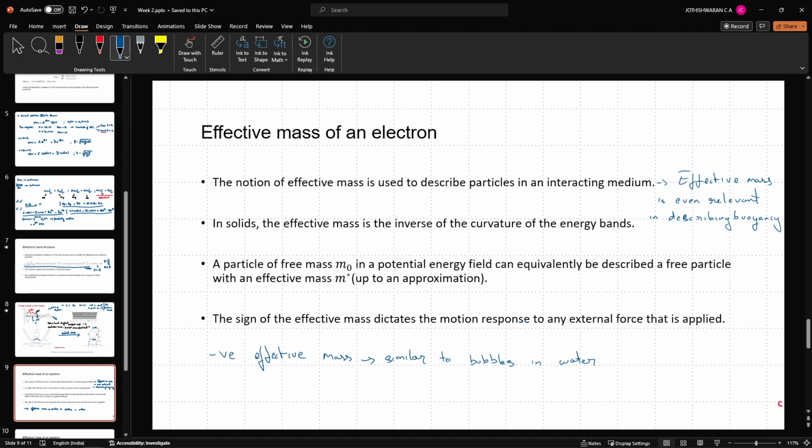But depending on the kind of interacting medium it is present in, a system or a particle can have a negative effective mass. And the negative mass only corresponds to the motion response. That is all. Even that will be replaced by a different concept as we move forward with solids. We shall see that pretty soon.